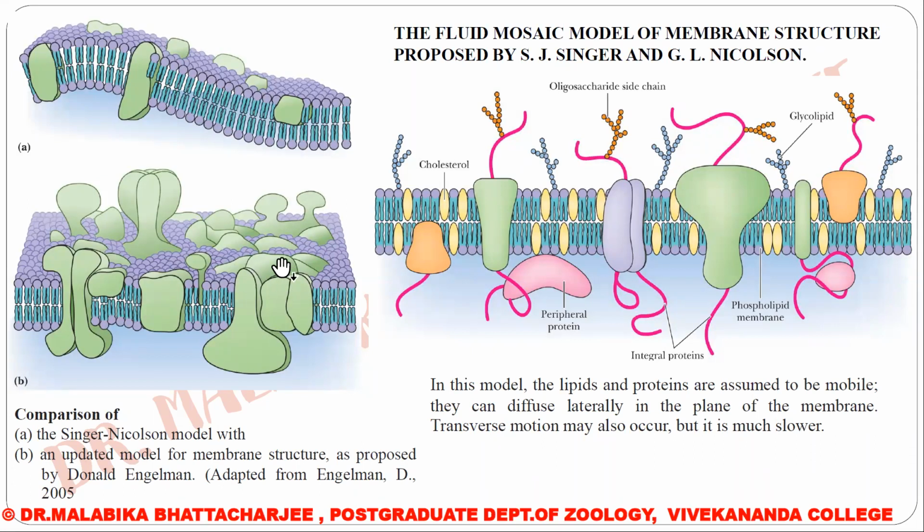So the concept of lipid wraps has come up. We'll not get into the details of lipid wraps. Let's concentrate on Singer-Nicholson. The Singer-Nicholson model is much simplified, and you can see the protein is spread out through the bilayer. But in the present, updated version by Donald Engelmann, we see protein aggregates in between the membranes.